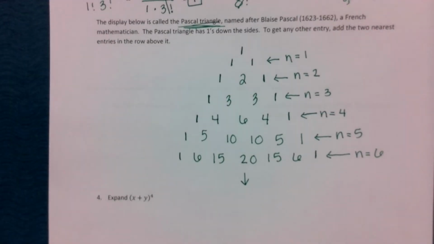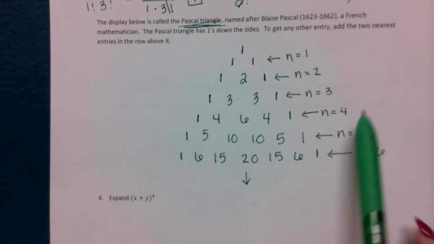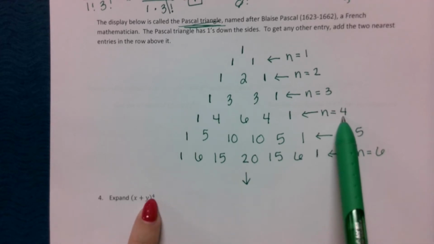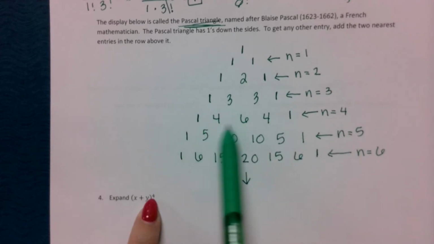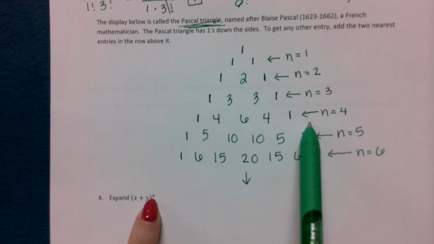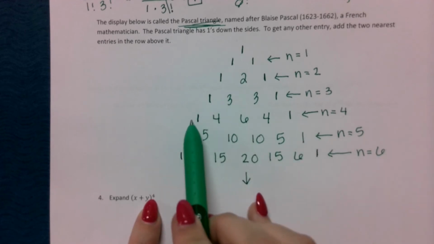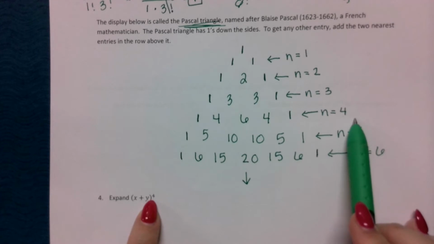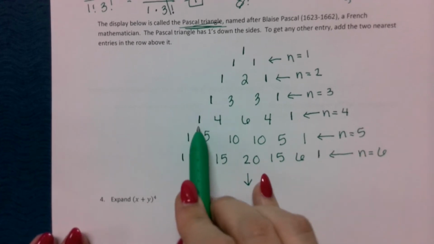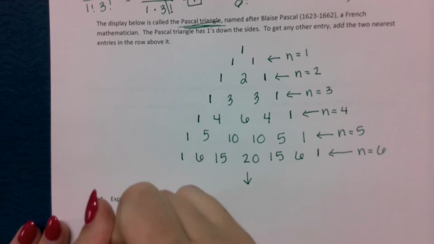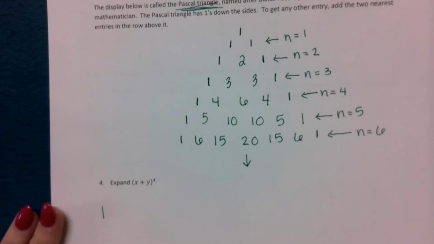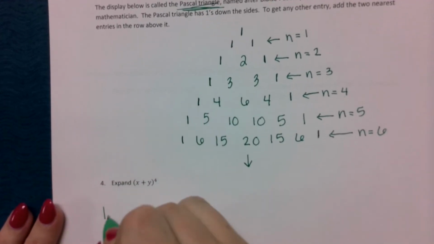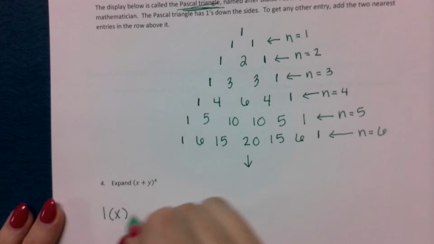So, because our exponent is 4, our coefficients are going to be these numbers here. Okay, so because n is 4, we're going to use this row to help us solve this. Now, our first term is 1. Every term after that has an x and a y term.